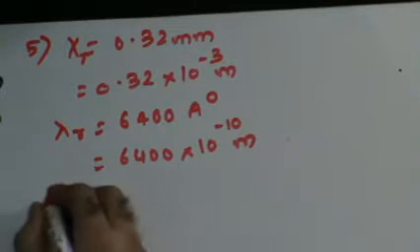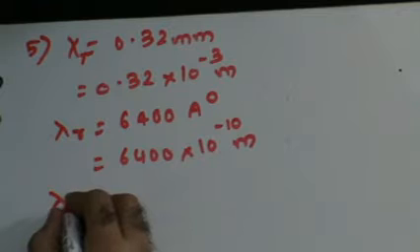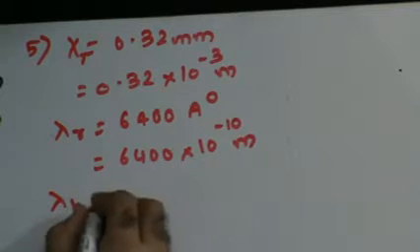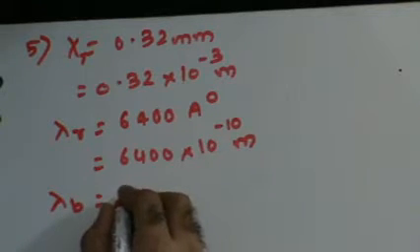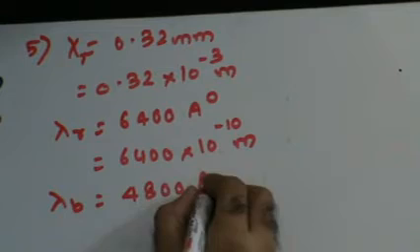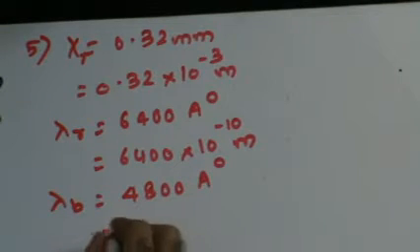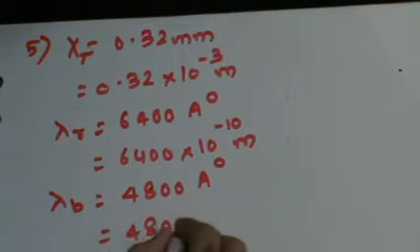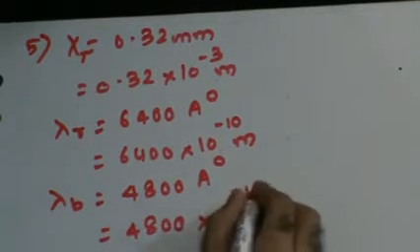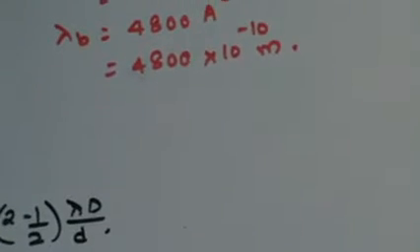By how much will the distance change if blue light of 4800 Angstrom units is used?